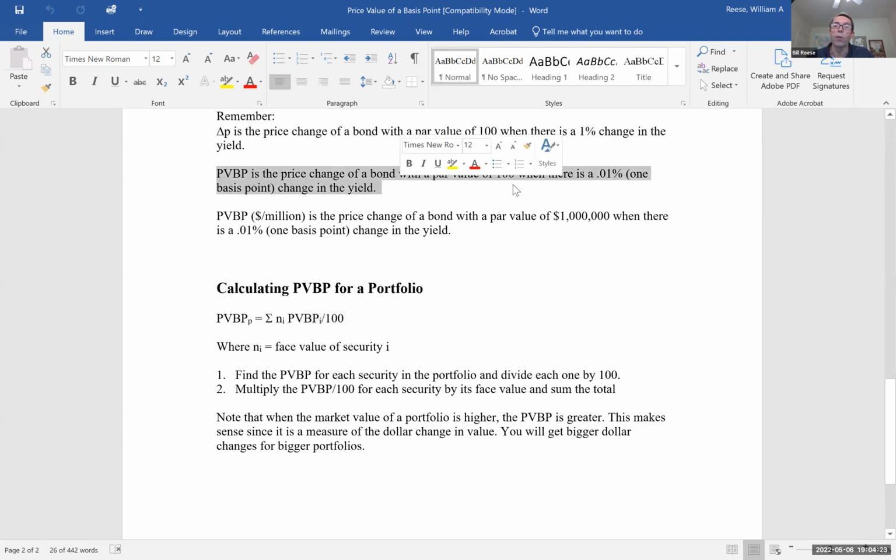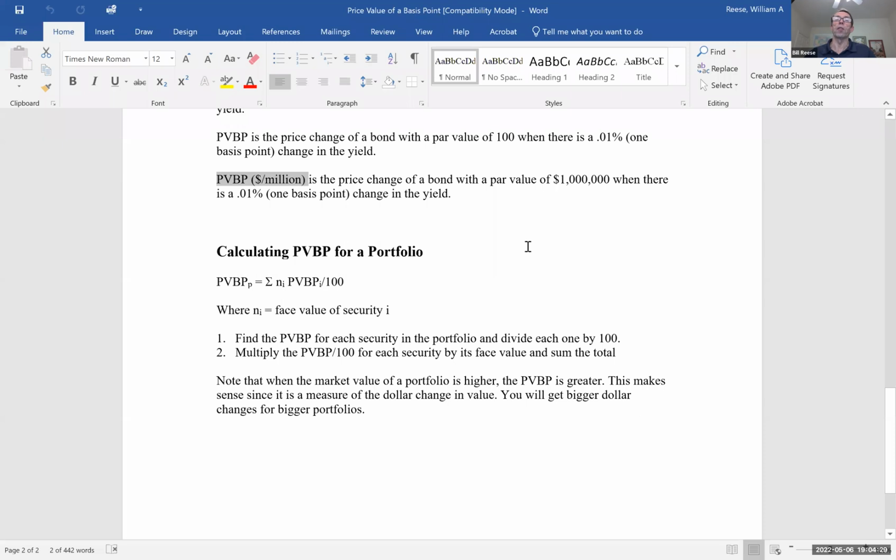Okay, so price value of a basis point is going to be the price change for a bond with a par value of 100. Price value of a basis point in dollars per million is going to be the price change for a bond with a par value of $1 million when there's a 1 basis point change in the yield. And then this right here is going to tell us for that actual bond that we have, whatever its face value is, because N is going to be the face value of the bond, what is its price going to change by when there's a 1 basis point change in interest rates?